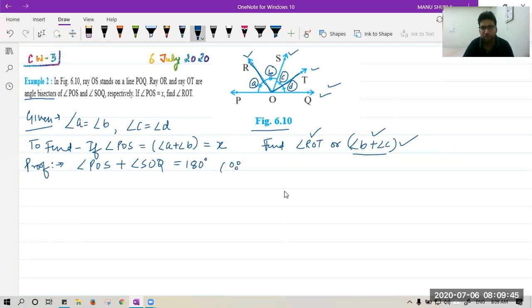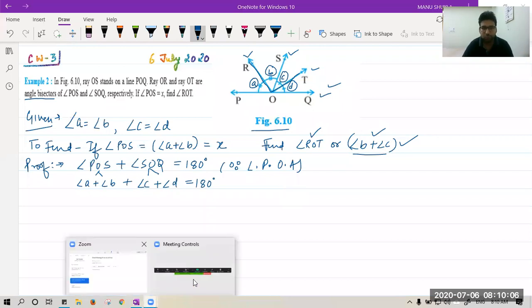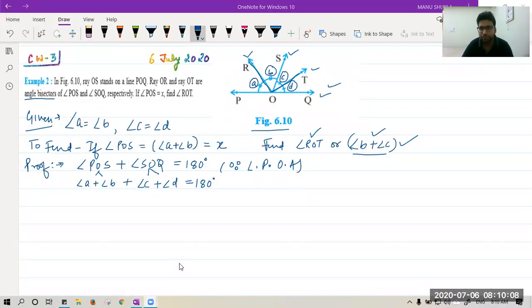Why? Because they are linear pair of angles. Now this POS can be written as angle A plus angle B, plus SOQ can be written as angle C plus angle D, is equal to 180 degrees. I hope till this point it is clear to everyone.